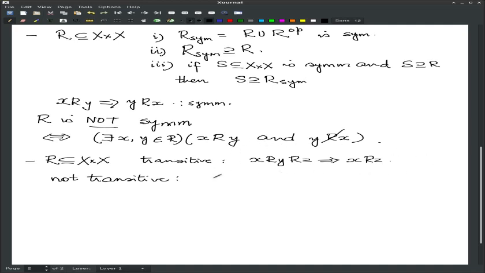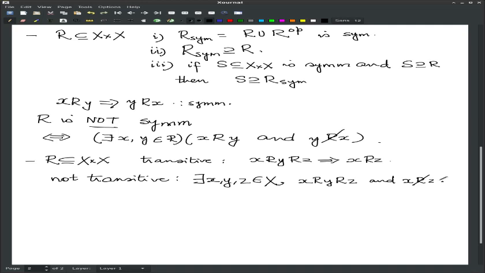So that means again, there exists a triplet now. It says that x R y, y R z, and x R z doesn't hold. Okay? So again you have to find all those triples for which this is failing and inject them in.